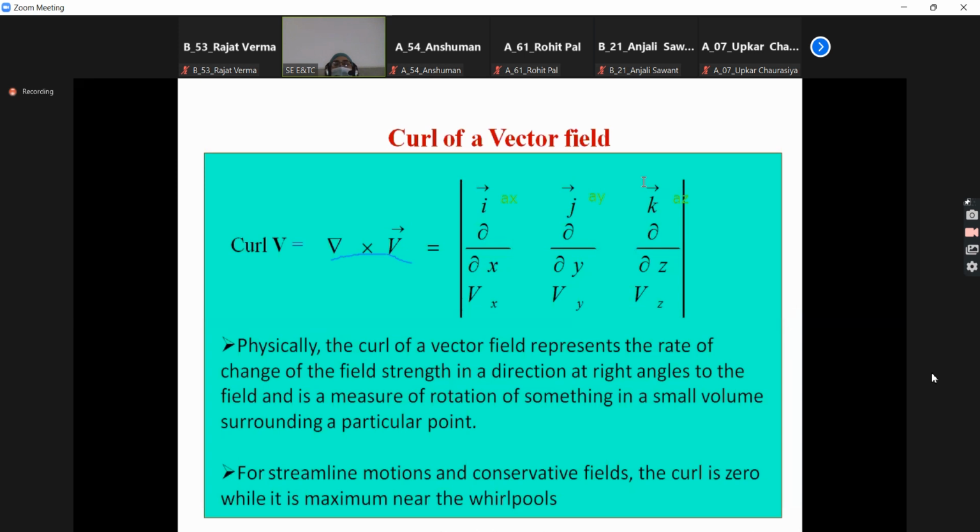So what is the meaning of curl basically? Okay, so as it is written, physically the curl of any field vector is a rate of change of field strength in the direction right angles to the field and is a measure of rotation of something in the small volume.